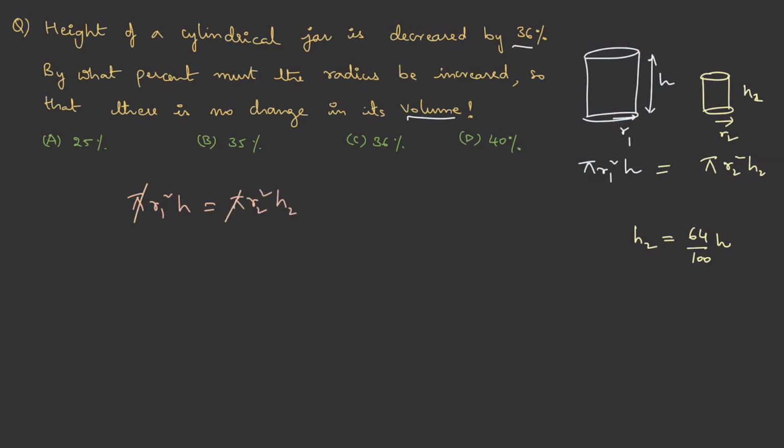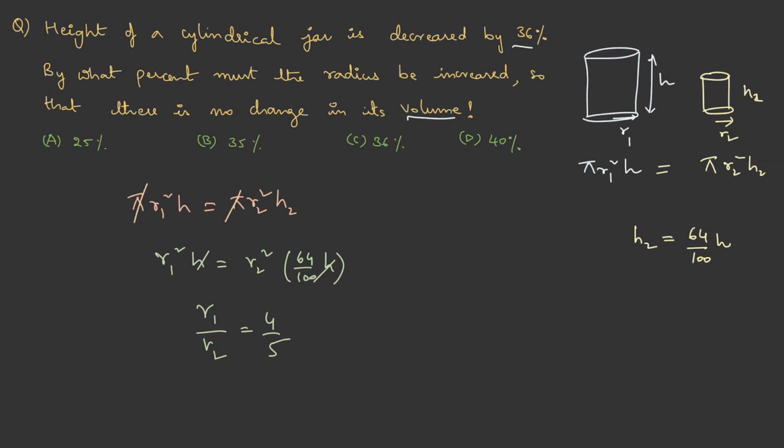Pi can be cancelled, and we are left with r1 square h equal to r2 square h2, which we already know is 64 by 100 into h. Cancelling the h, we are left with r1 square over r2 square, and from this I can write r1 by r2 is 4 by 5.